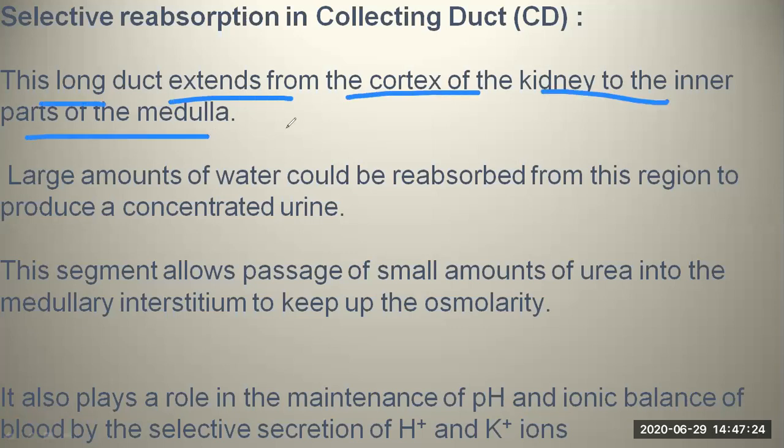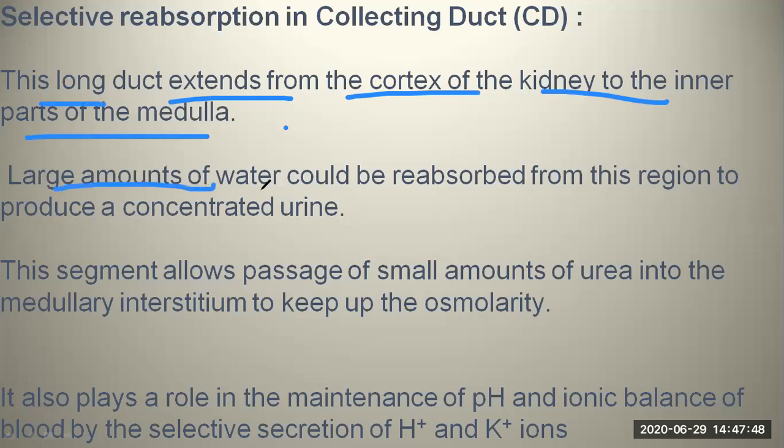You have to see that the cortex is the outer part of the kidney and the medulla is the inner part of the kidney. These collecting ducts extend from the cortex up to the region of the medulla.